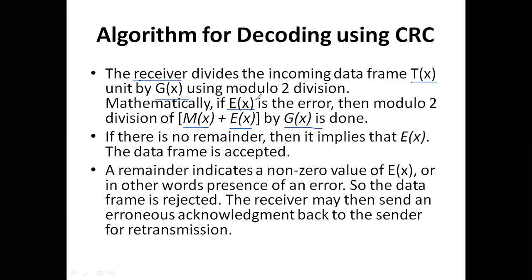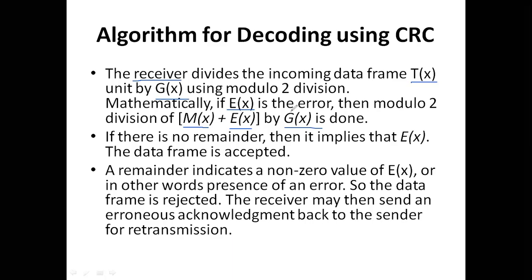Suppose if any error bits are there, then that can be identified easily. The same process we did in the encoding process, we have to do with the received message.